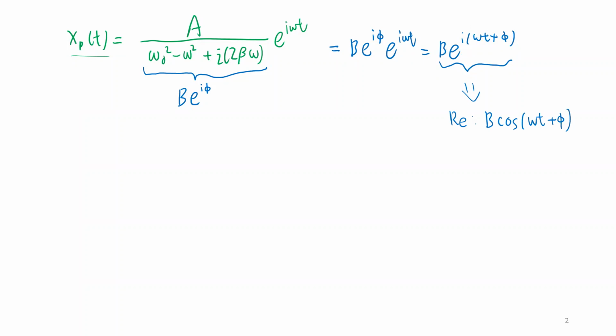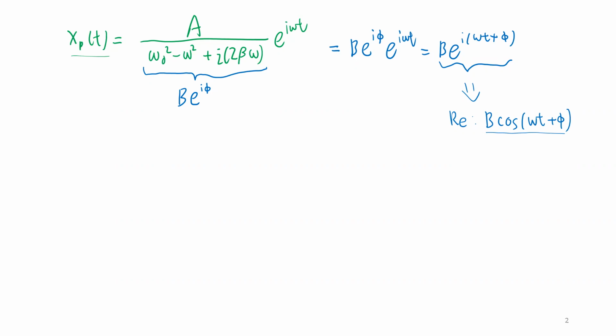In fact, if you go back to your homework of 2510, you have also done it. Eventually you find that your particular solution looks like this. And you might still remember that the phi that you found is rather complicated.